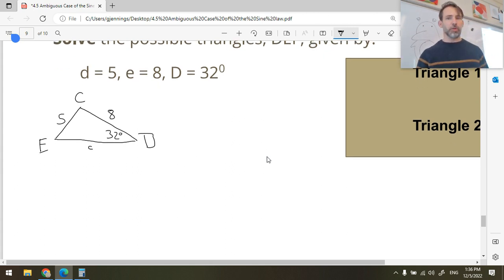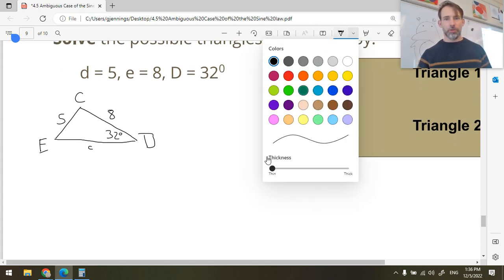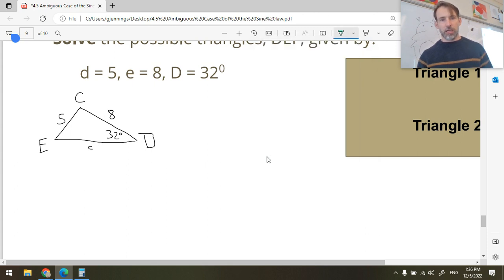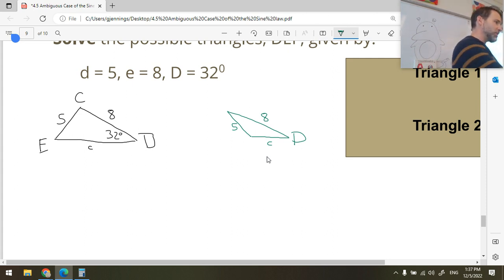There's one other triangle that's possible, and we'll do it in forest green. It would look like this. The side 5 is leaning the same way as the side 8, like that. And then this side here is side C. Yeah, this is D. And you'll always get one obtuse, one acute, because they're going to be on opposite quadrants, those two angles. What about the quadrants below?